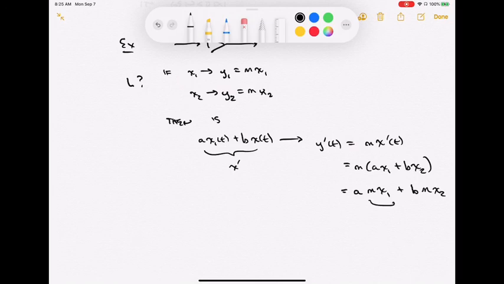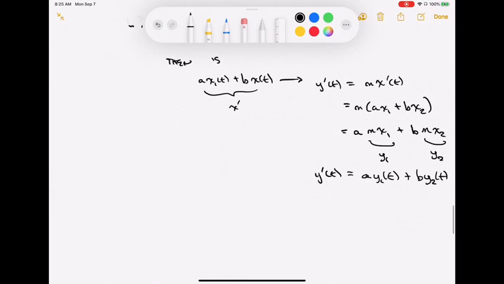What is mx1? That's just y1. What is mx2? That's just y2. So I can see here that y prime of t, the output in response to this linear combination of inputs, is just that same linear combination of the original two outputs, ay1 plus by2.